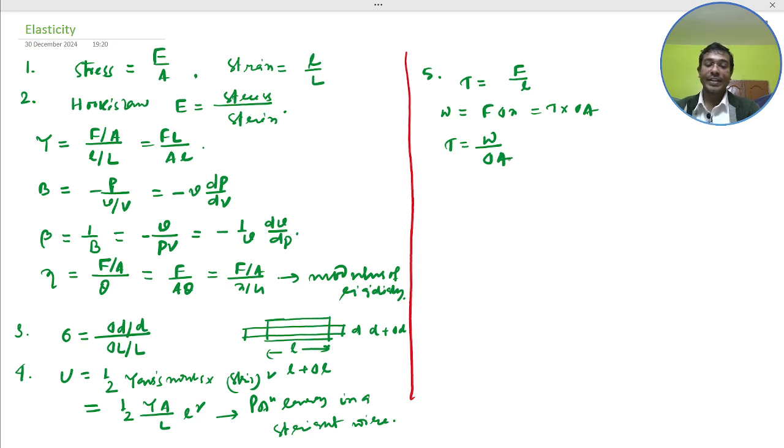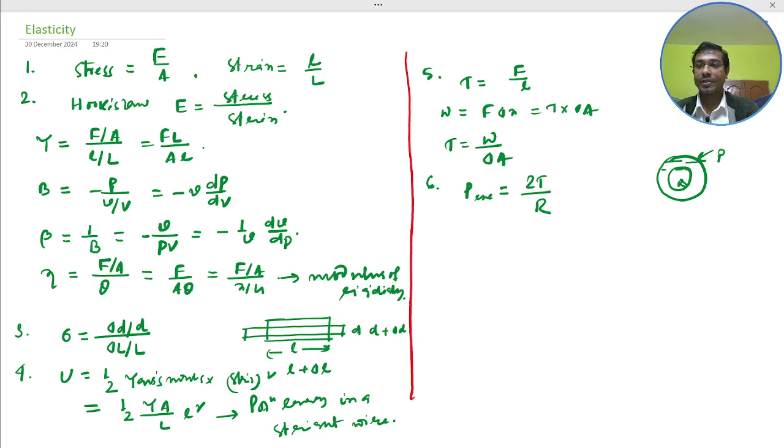Next one, excess of pressure inside a liquid drop. Pressure excess in a liquid drop is 2T divided by R. Suppose this is a bubble with radius R, and this is the excess pressure. Next one, excess of pressure inside an air bubble in a liquid.